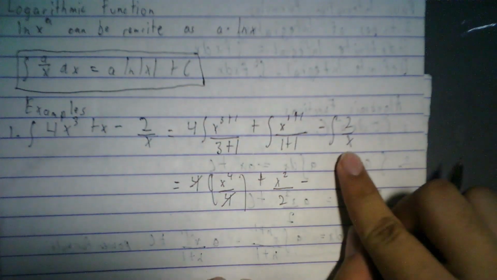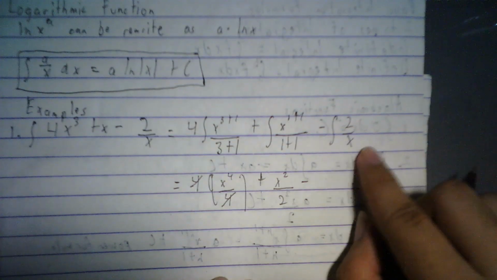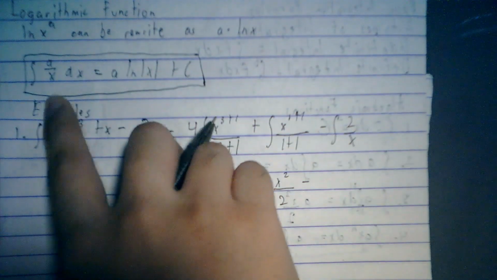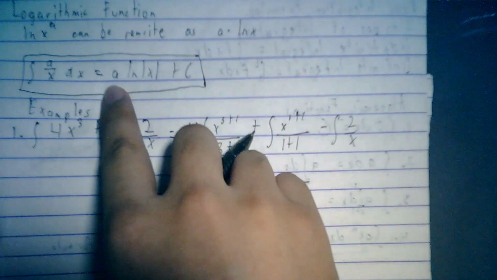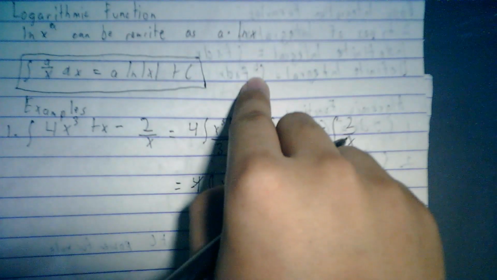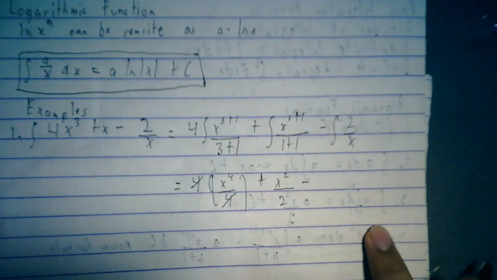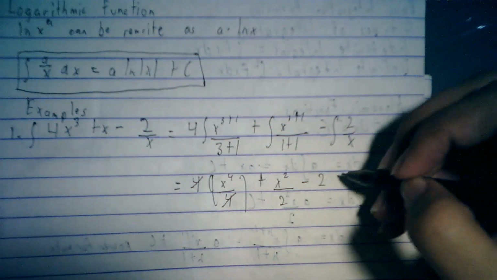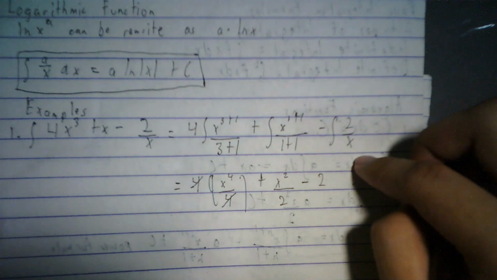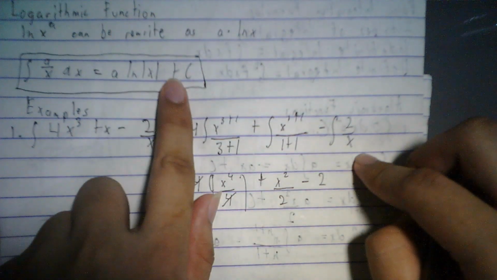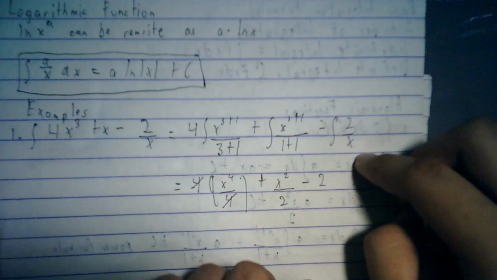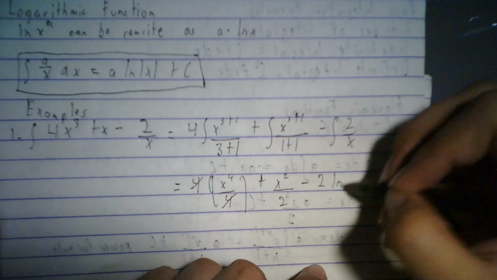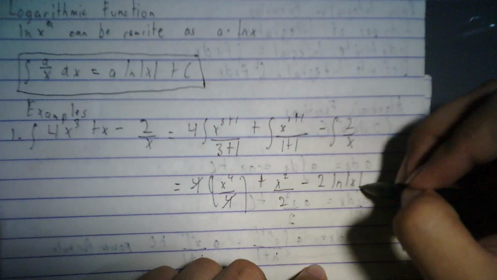So guys, what do you think the integral of 2 over x is here? The constant a over x dx is equal to a ln of x plus c. So the answer of this is really easy. 2 over x is just 2 ln of x plus c.